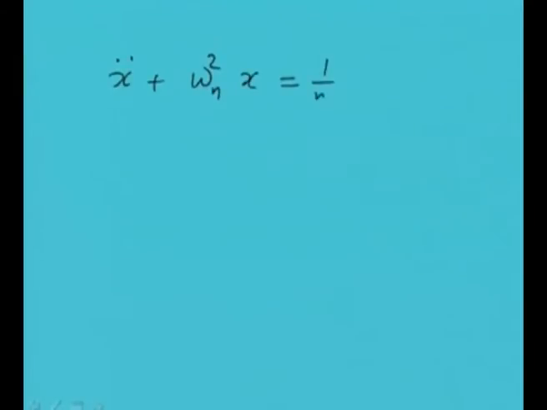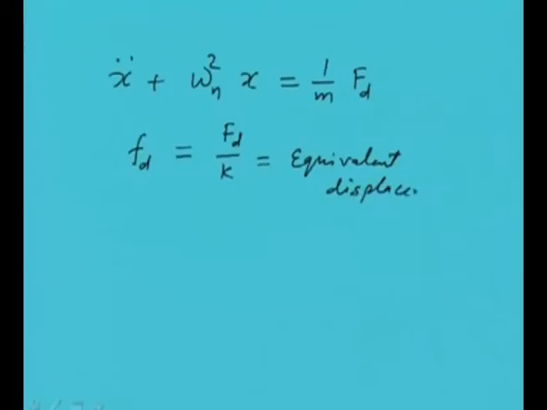So, let us write the second equation in a more convenient form. This is F_t by m, and this particular term I am defining as a small f_d, which is an equivalent displacement equal to F_d by k. Because force divided by stiffness is a displacement, and this is the friction force.